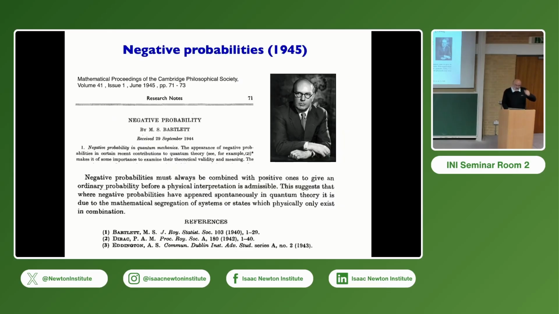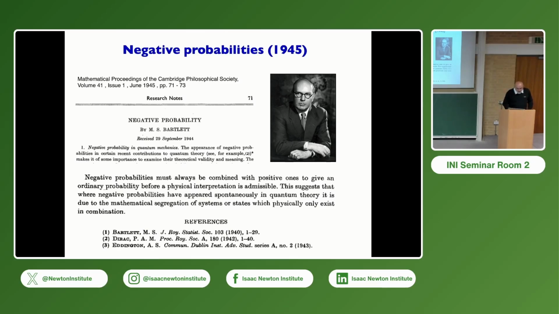Dirac was actually a Lucasian professor at the University of Cambridge here. And Maurice Bartlett, a famous statistician, definitely was present at his Bakerian lecture, and this is the result: 3 pages only under the title Negative Probabilities. He says, okay, Dirac was using this, so it's time to get some mathematical justification of that apparatus.